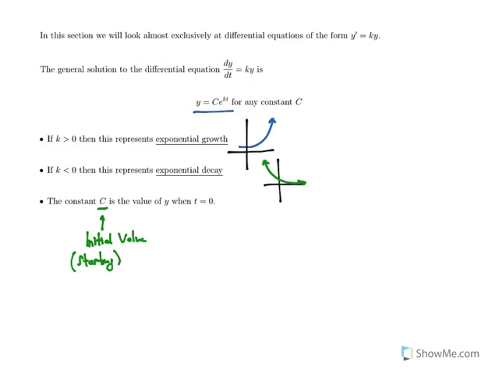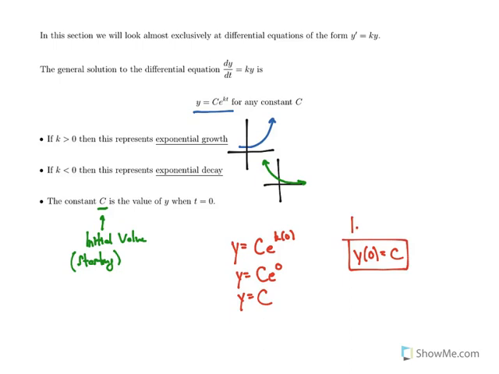Again, if you have y equal to c e to the k times 0, this gives you y equals c e to the 0, and that's just 1, so you get y equals c. When you plug in t equals 0, you get an output of c. y of 0 is equal to c. This would be the initial condition, and we'll see that in some application problems in the next video.